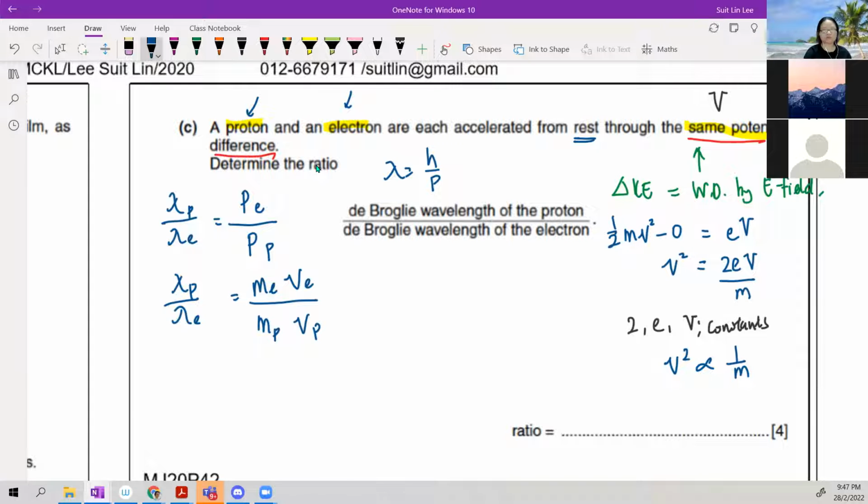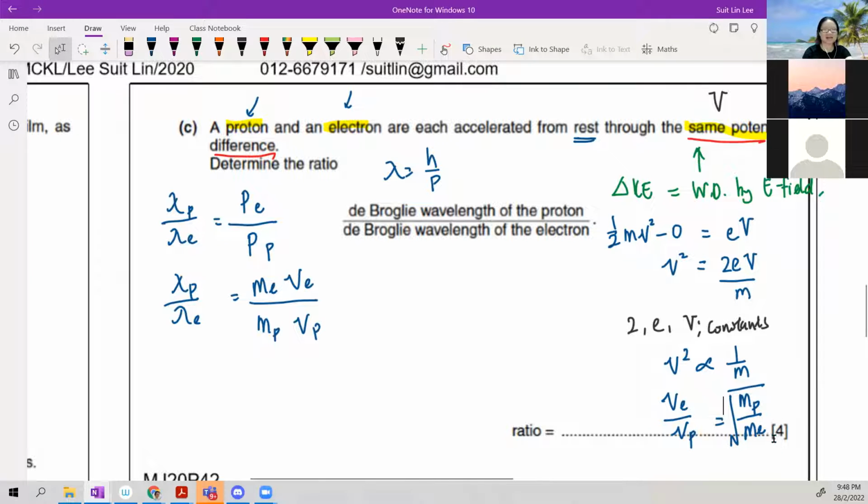So if velocity is proportional to 1 over square root of m, and I want to find VE over VP, this will be MP over ME, square root. Because the v squared I bring over and take the square root, and the 1 over, I will flip the ratio.